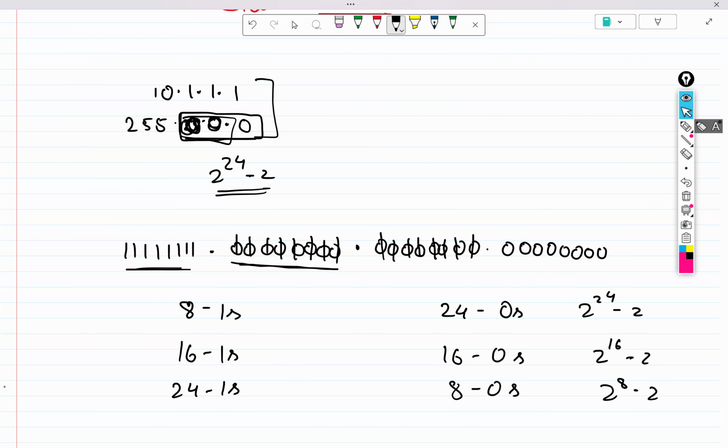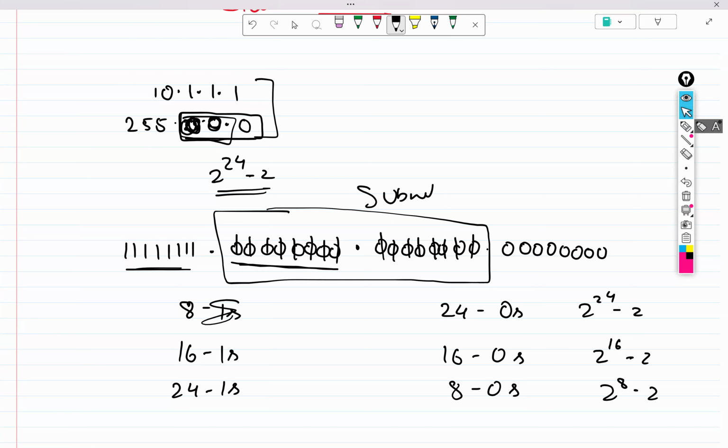And the number of bits that you convert to ones are called the subnet bits. So you converted 16 zeros to ones, so basically you have 16 subnet bits.